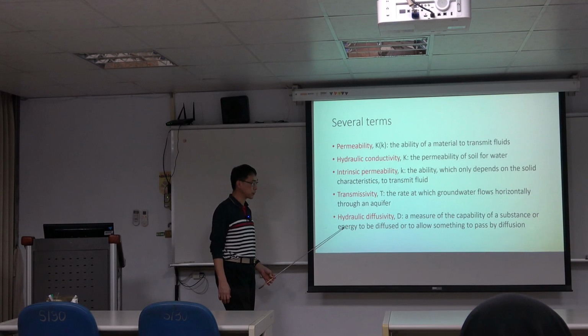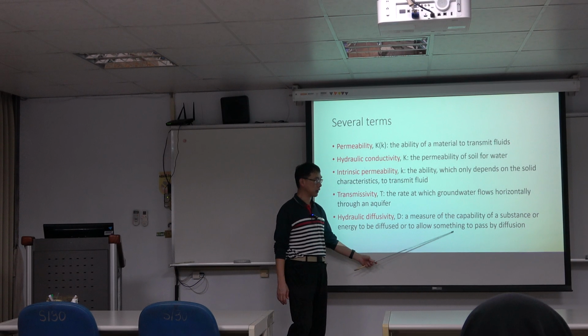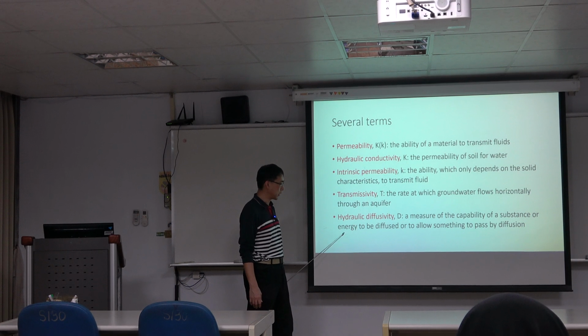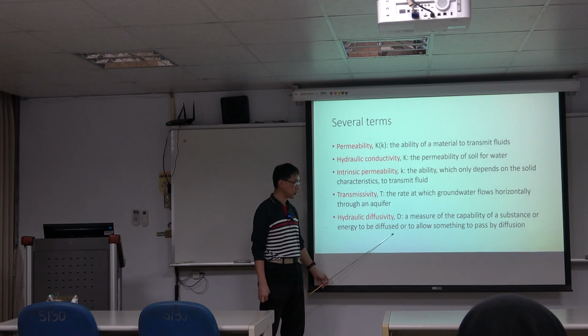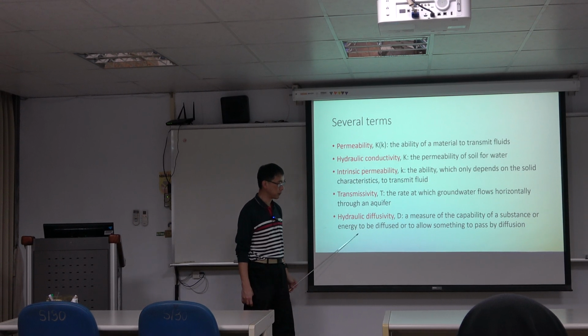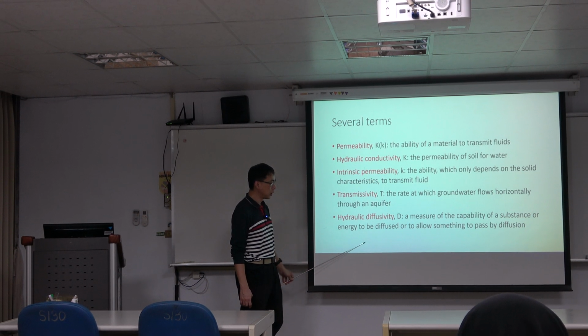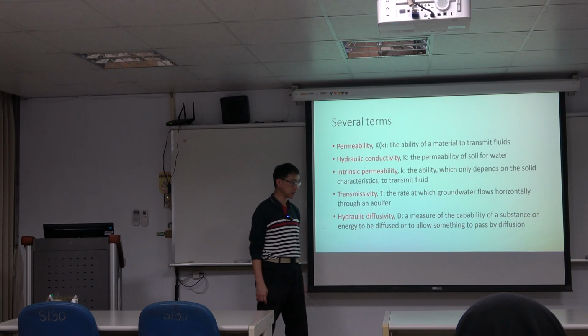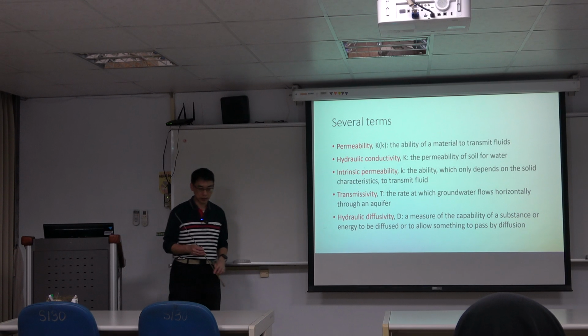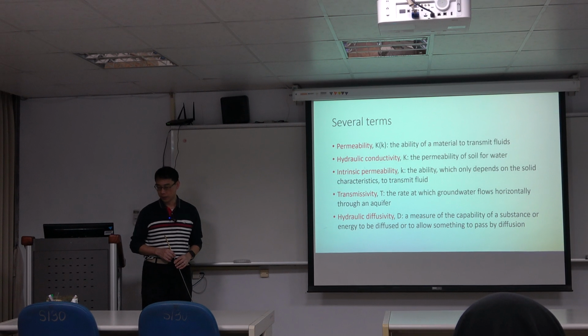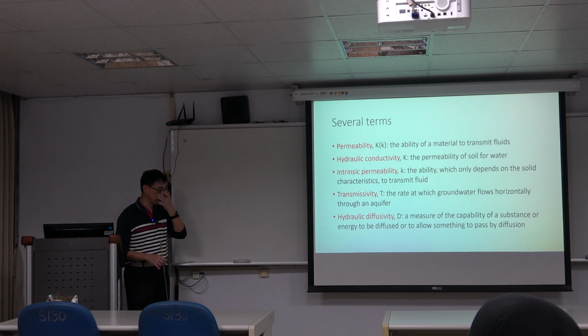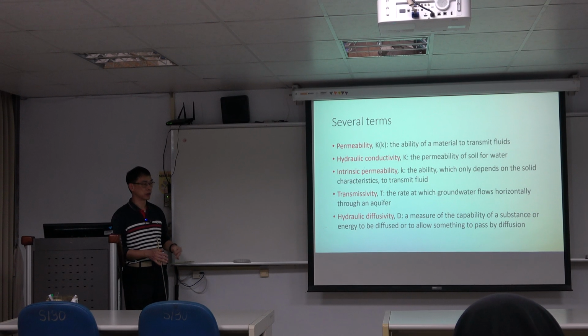And hydraulic diffusivity is a measure of the capacity of the subsurface or energies to be diffused or to allow something to pass by diffusion. Although this diffusion is not exactly what we know as hydraulic diffusivity, they are describing the diffusion behaviors for the normal conditions. And hydraulic diffusivity is the combination of two parameters in groundwater hydrology.